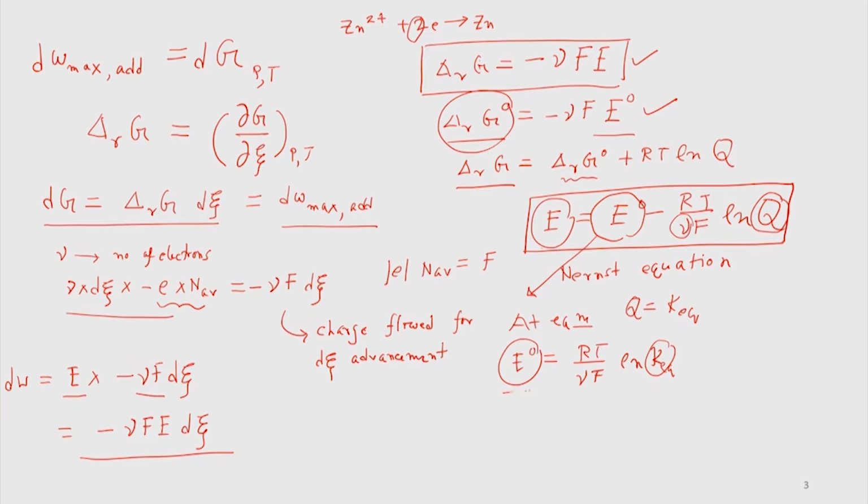So, the meaning of this is, do not get confused that E0 is something new. E0 is deeply connected to the delta G0, which means that when the system has attained equilibrium, the quotients are actually comparable to the equilibrium constant. At that condition, we can express the E0 in terms of the equilibrium constant.